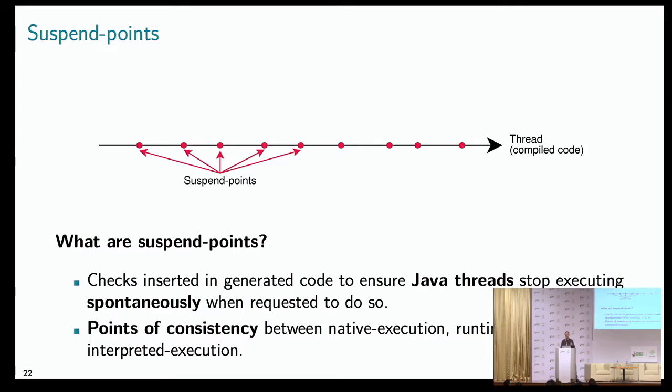So we are talking about cooperative suspension. There are also points of consistency between native execution, runtime, and interpreted execution. In this slide, you see this line, which represents the execution of a native thread, like compiled code. And the suspend points are represented with these red circles.